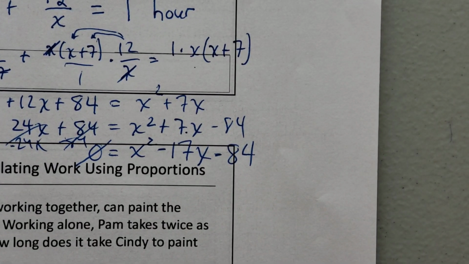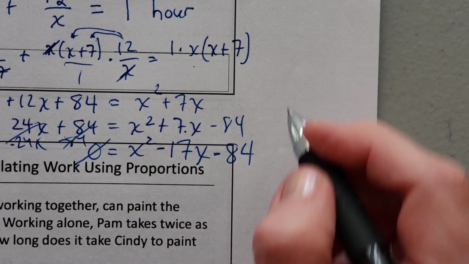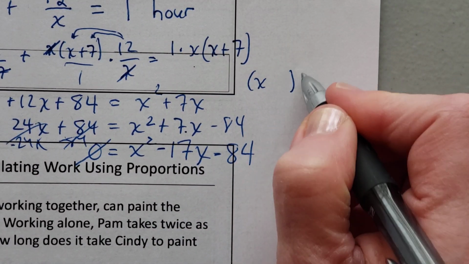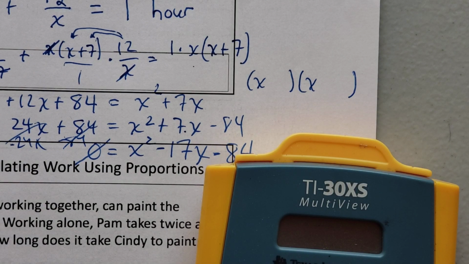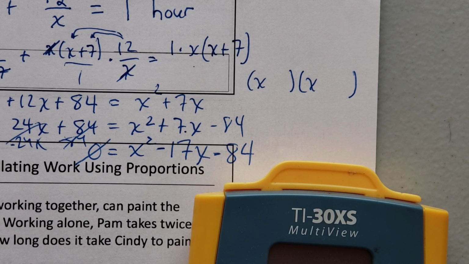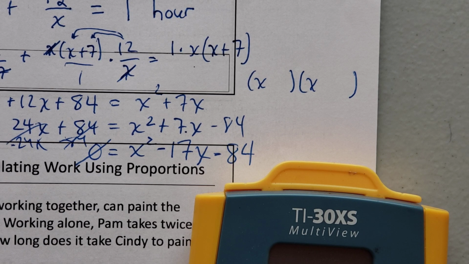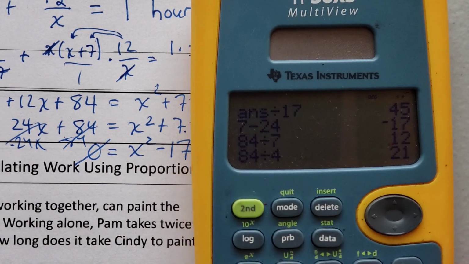So now I need two numbers that multiply to give me 84 and have a difference of 17. I'm not sure, so I can use my calculator. I can divide 84 by 7, and the difference of 7 and 12 is 5. That's not big enough. So I'm going to divide 84 by 4, and I found out that is 21. So is the difference of 21 and 4 17? Well, it is.